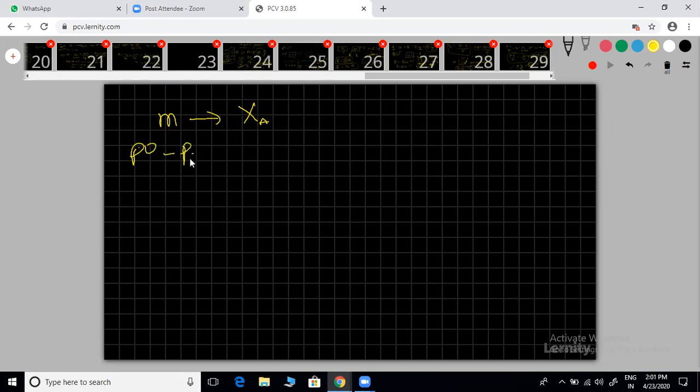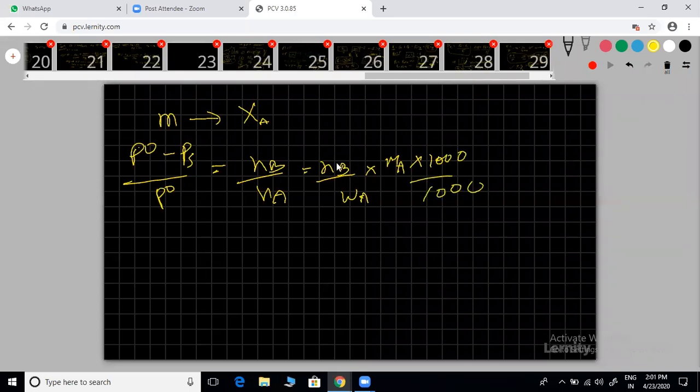(P naught minus Ps) by P naught equals Nb by Na, which I can write as Nb by WA into MA. You can multiply both sides by 1000. I hope you get it very well.